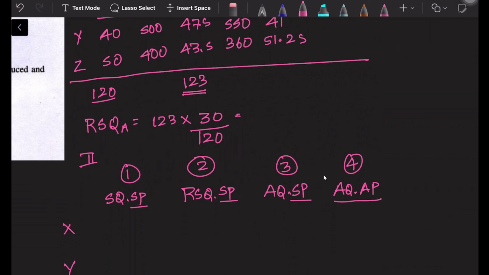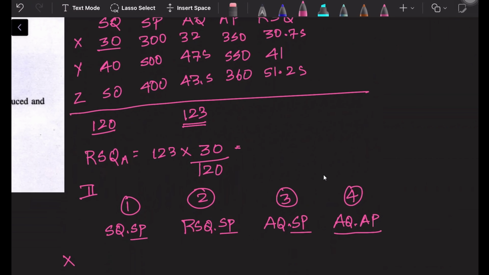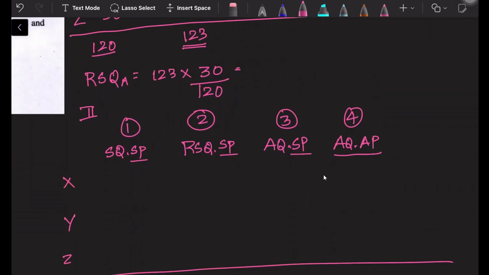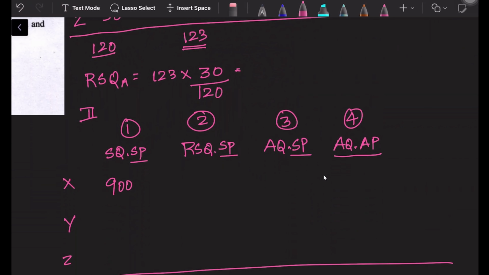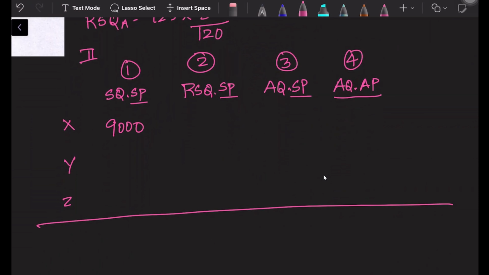So you know, first one is SQSP, last one is AQAP. Then for the remaining, I know it is SP only. So it has to be RSQ and AQ. So this is how you remember this. Now SQSP, you calculate 30 into 300. So 9000.